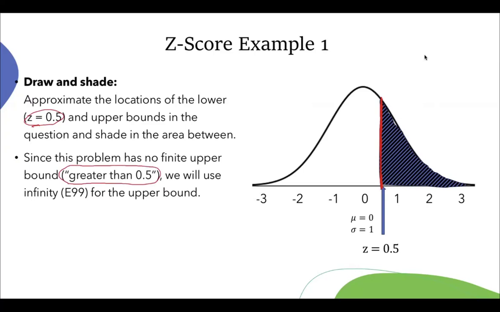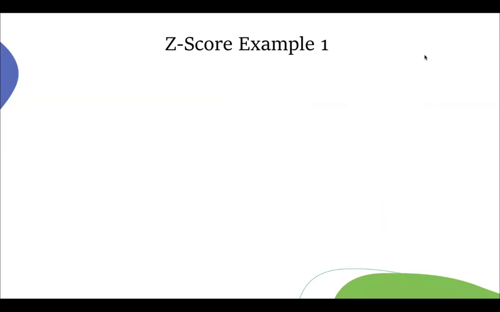So greater than means to the right. We're going to continue this shaded area from the vertical line that we just created all the way to the right. And we recognize that all the way to the right from our discussion last class is positive infinity. And we use E99 on our calculators for representing positive infinity. So that's what we're going to put on our calculator.